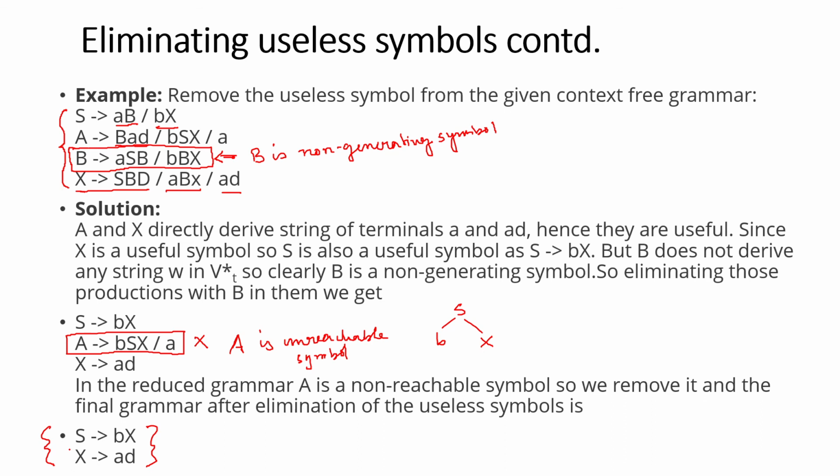You are just removing the useless things, the redundant information present in the grammar in the form of epsilon production or useless symbols, I mean non-generating symbols or unreachable symbols. So this is the approach by which you can eliminate useless symbols from a context free grammar to make the grammar simpler.